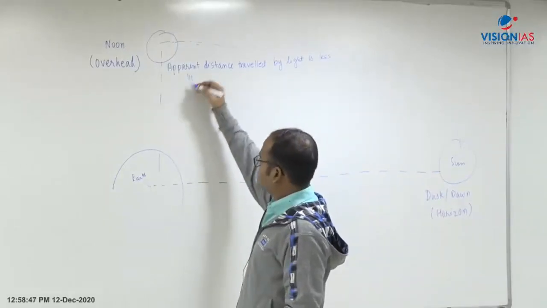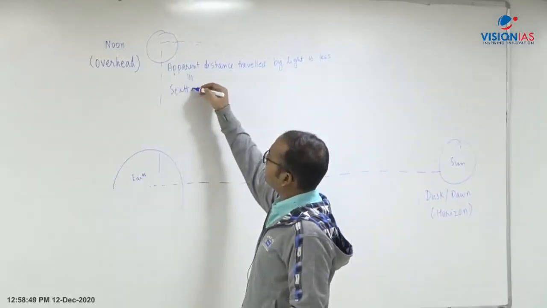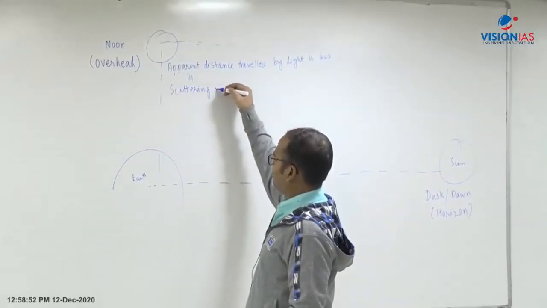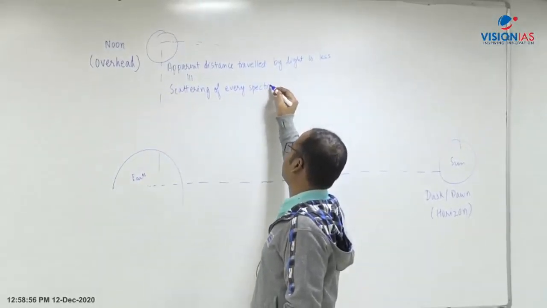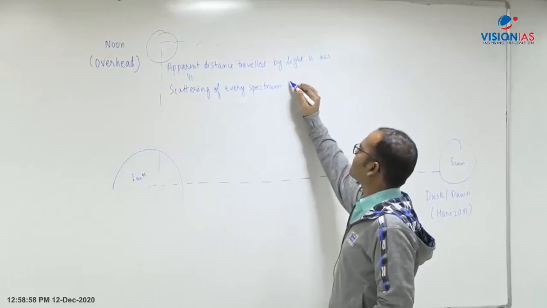Because of this, if the distance is less, the scattering of every spectrum is negligible.